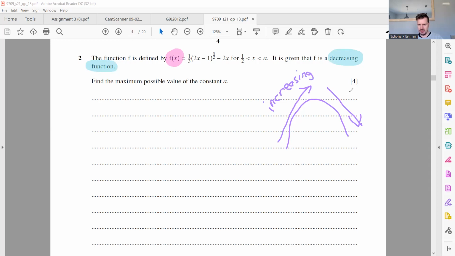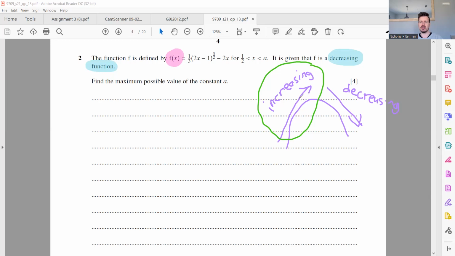And this would be decreasing because it's going downhill. And they are telling us that it's a decreasing function, meaning it's going uphill. So forget about the decrease. It's going to look something like this. Okay, and I'm not saying this is a parabola, but this is just showing you the idea that if a function is increasing, it's going up.